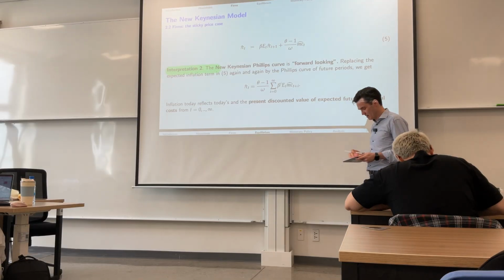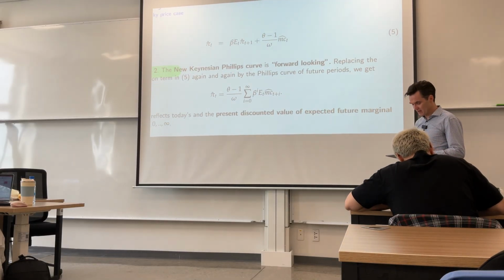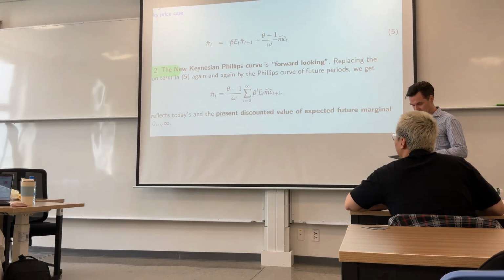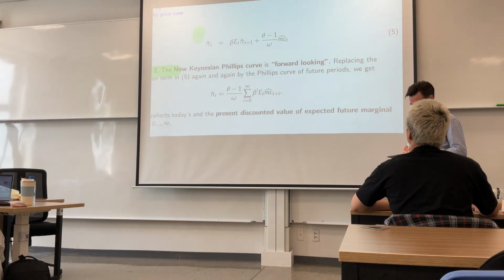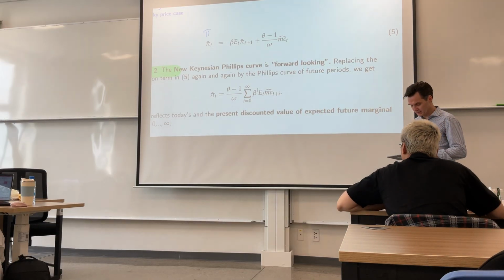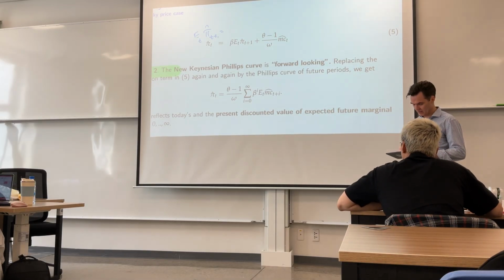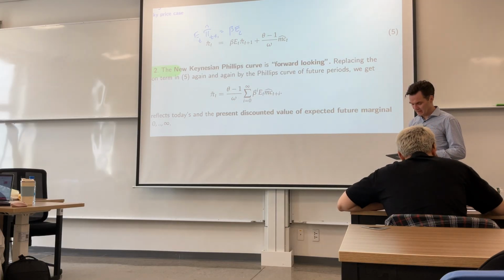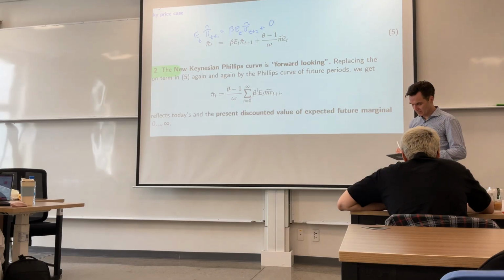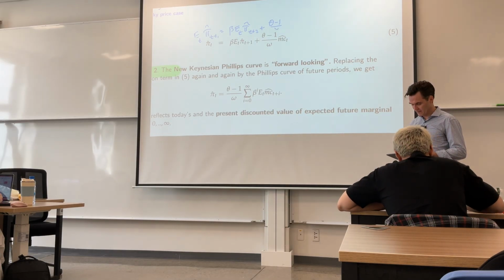You're going to take equation number 5, and you're going to write down the same equation one period ahead. So you're going to write this as pi hat t+1 with an E_t in front. You're just going to lead that equation by one period. So you're going to have beta E_t of pi hat t+2 plus (theta minus 1) over omega mc hat t+1, and then with an E_t, of course.